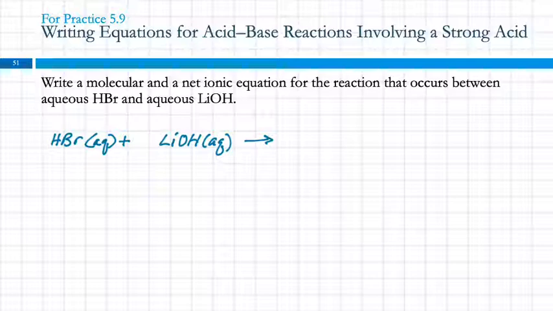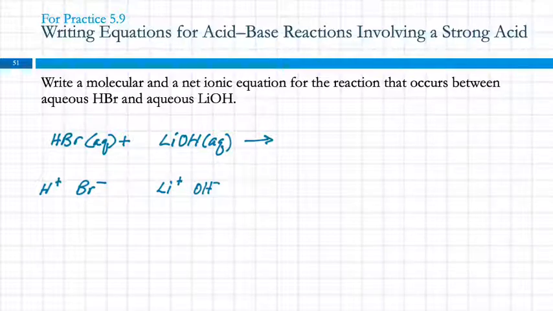We still need to look at the formulas for the ions with their charges. So HBr, when it dissolves in water, forms hydrogen ions and bromide ions. Lithium hydroxide forms lithium ions and hydroxide ions.